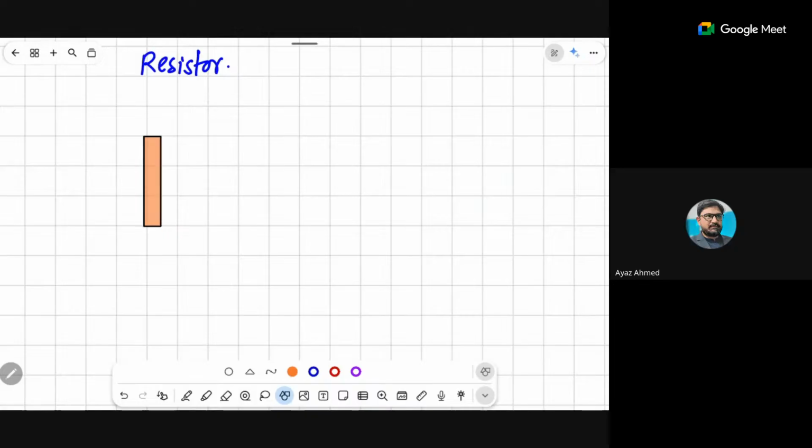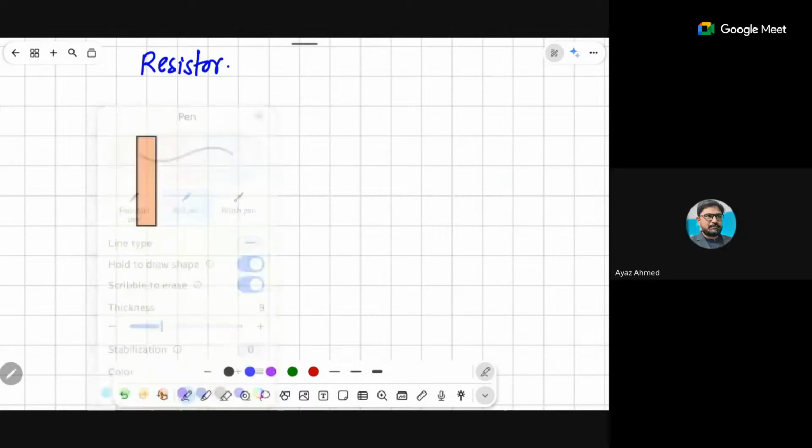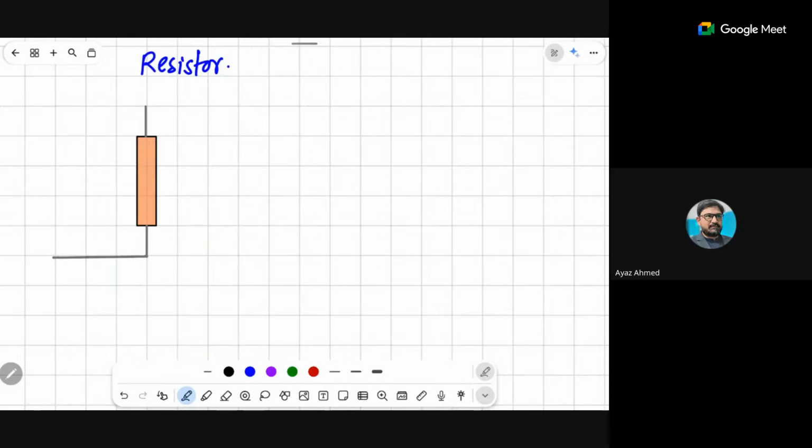This was that load resistor simply, and the output of the load resistor is where we connect the capacitor. Now I will place some capacitors parallel to that.